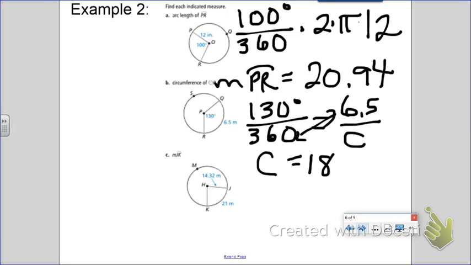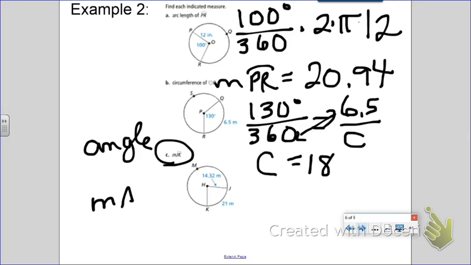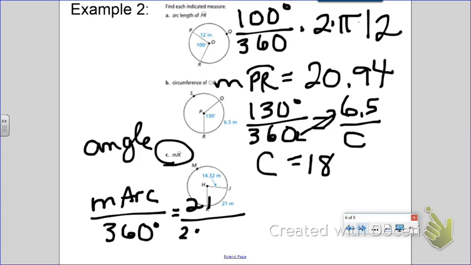On our next example, we'll find the measure of the arc. So we're finding the angle versus the length of the arc, like in the first one. So we're going to take our measure of our arc over 360 equals the length of the arc over the circumference, which is 2 times pi times 14.32.